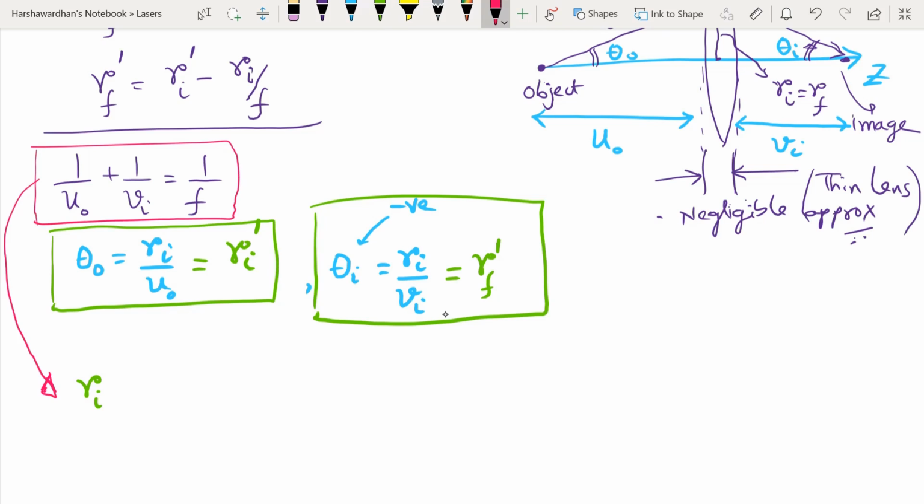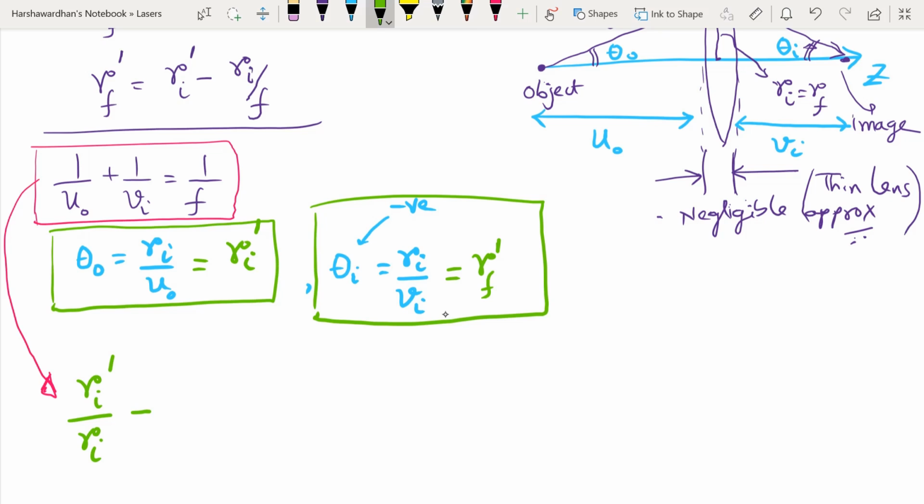So you see, I can write down 1 by u naught as simply Ri prime by Ri minus, because remember that this is negative, my slope is negative, right?